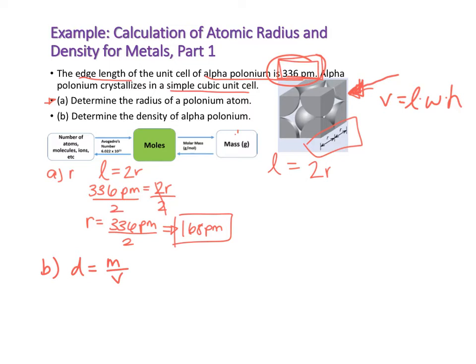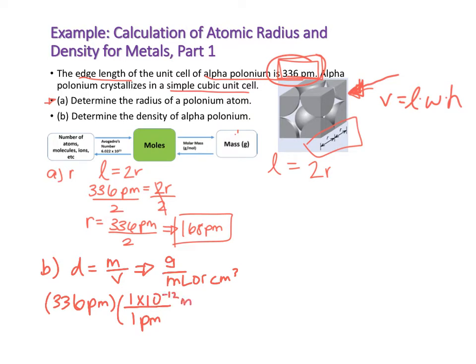Now, usually for densities, the mass will be in grams, and then the volume will be in mL or centimeters cubed. In this case, because it's a length, we are going to want this to be in centimeters. So we're going to convert that 336 picometers to centimeters first. So this is some dimensional analysis. If you want, you can convert to meters first. So 1 picometer is equal to 1 times 10 to the negative 12 meters.